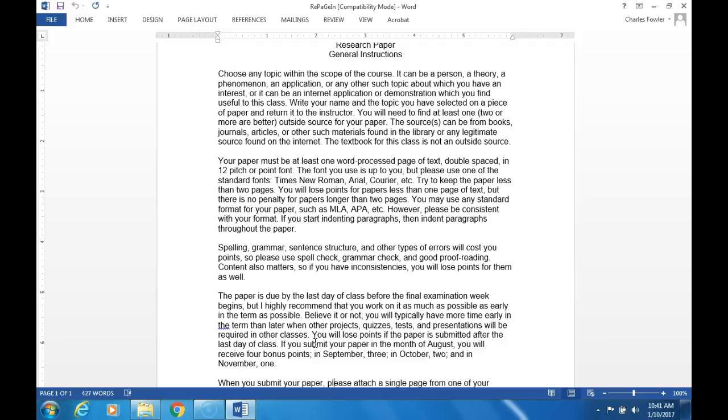If it's a lousy paper, and here's why I'm saying this. When you turn in the paper, I shouldn't give this away, but it's a 100-point paper. And as I start reading it and finding errors and stuff, you start losing points. Too short, no sources, you know, inconsistent fonts, or misspelling, whatever. You start losing points.